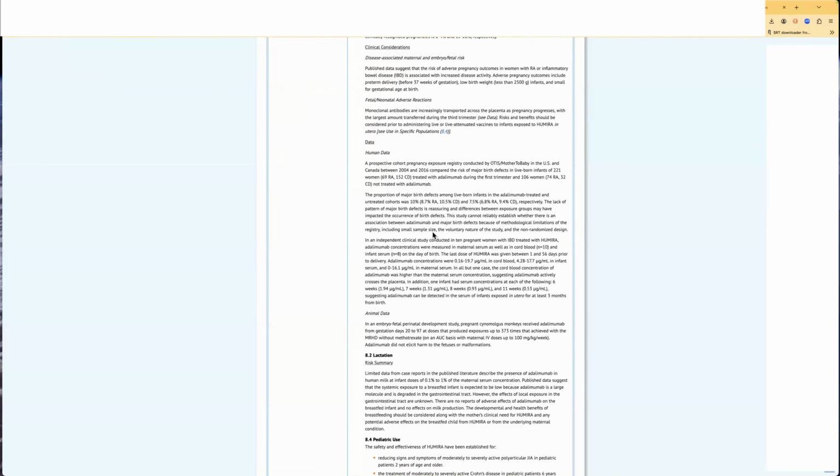Sometimes, of course, we may even have information on overdose. Again, we don't use overdose in a clinical trial. It's not ethical, it's not acceptable. However, we always have cases where a patient has been exposed to an overdose, and in this case, hopefully the patient has been rescued and helped and is safe.